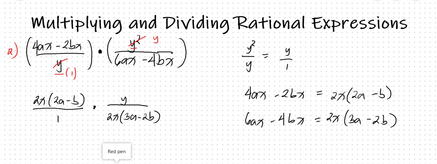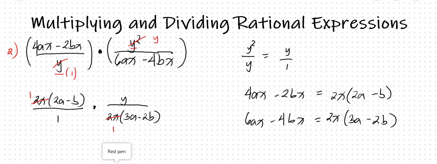Then after that, as you can see here dito sa unang ginawa natin, kinancel out natin yung numerator and then yung denominator. Same procedure here. Observe, 2x divided by 2x, that is equal to 1. Can you follow?